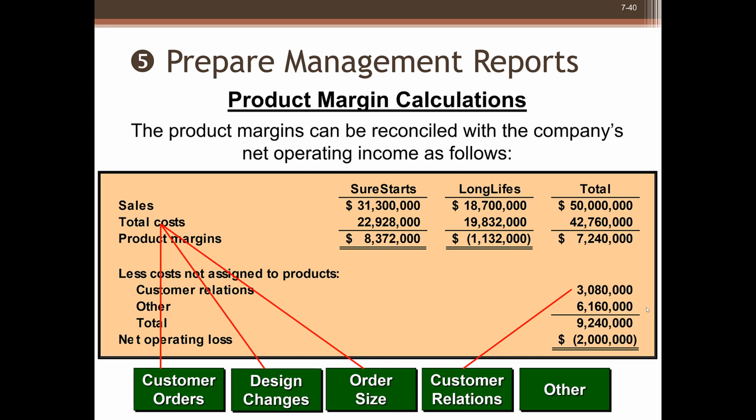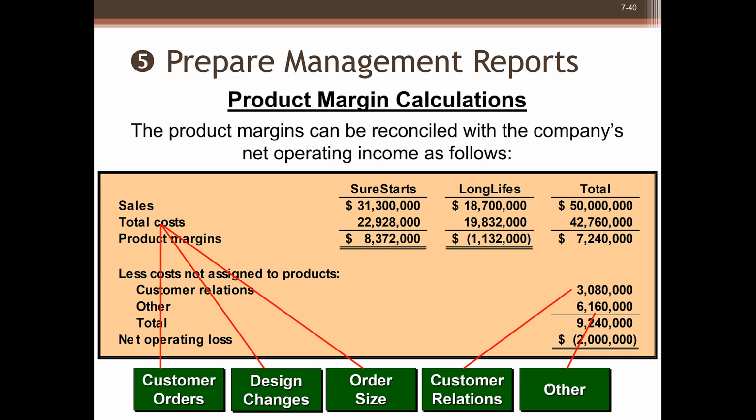And then for the other here, we can use a plug number. Remember in the beginning, we have the overhead cost table. The total overhead costs should be 22 million. So to calculate overhead cost assigned to other activity cost pool, we can use 22 million minus overhead costs assigned to all those four activity cost pools.